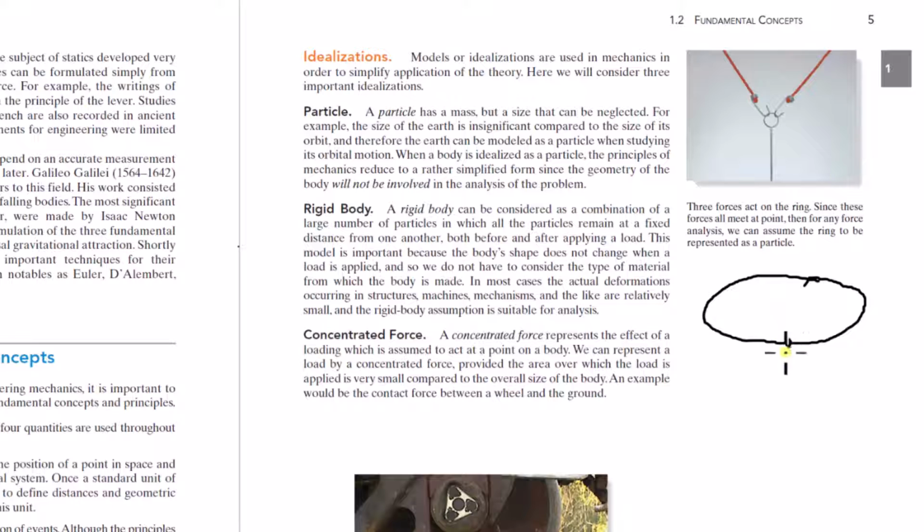But since the diameter of the Earth is so tiny compared to the distance from the sun, and also the sun is so massive, those differences in distance are completely negligible. So you see that the geometry of the Earth has no bearing if you're analyzing the orbital motion, strictly for this problem. It might in another circumstance, but if you're just analyzing what is the orbital path of the Earth around the sun, the geometry is negligible.